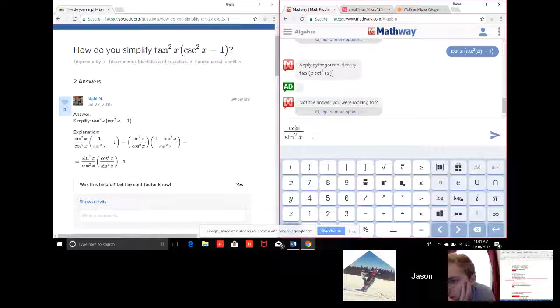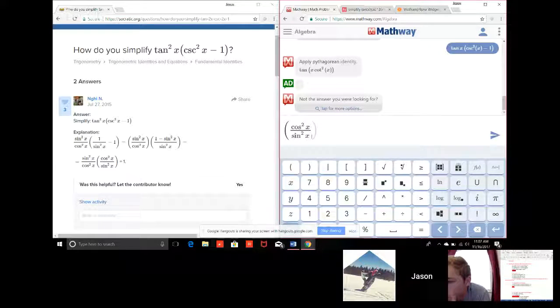That's not right. You want the other one to be cosine squared x divided by sine squared x. Oh yeah, it just did the same thing.